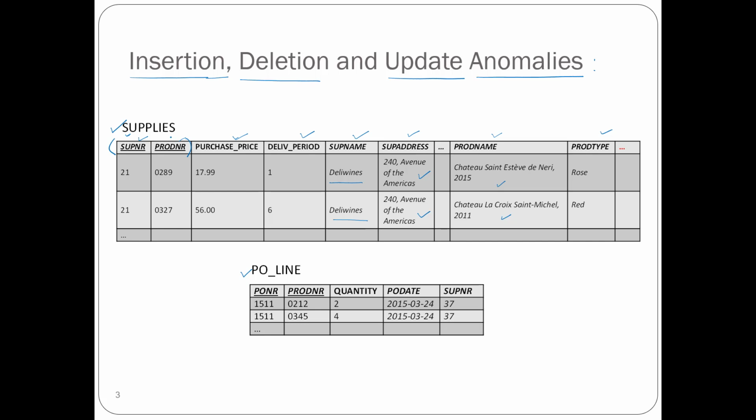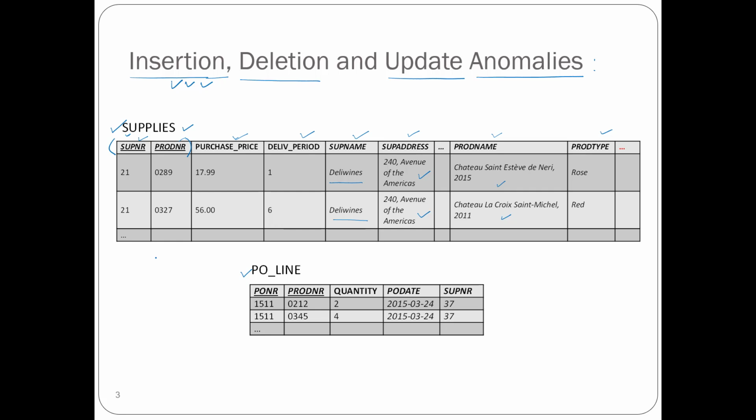So the entry of the supplier is not possible in this relation, because if we want to keep a supplier with no product supplied yet, then for the product number we'll have to put the value null. And a null value is not allowed for an attribute type which is a part of the primary key. This is called the insertion anomaly, which means that you cannot insert the information about a supplier here if the supplier has not supplied any product.